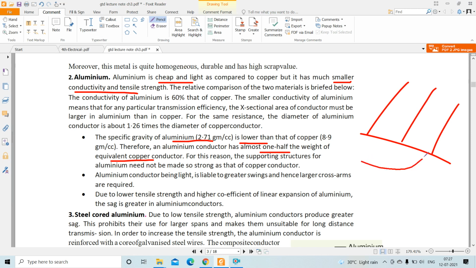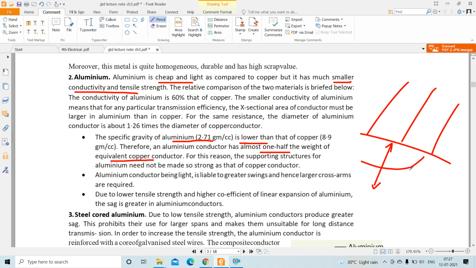Swinging means the conductor swings here and there. That's why a larger cross arm is required, so that these two conductors will not come in contact with each other, because when two conductors come in contact, there will be a short circuit problem.